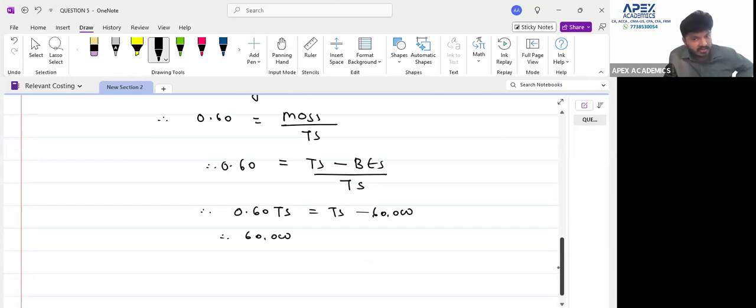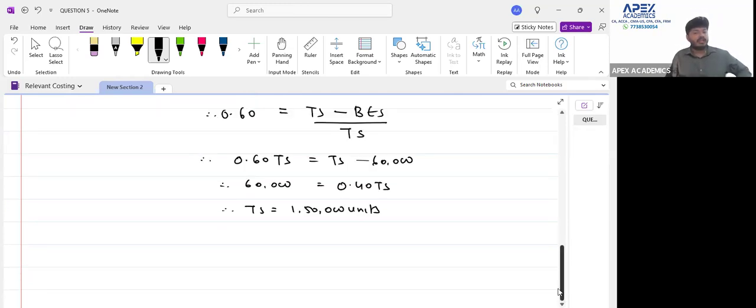So let 60,000 go on this side and let that come here. So this will become how much? 0.40 TS. Therefore, what is TS? TS is equal to 60,000 divided by 0.40. What is the answer? 1,50,000 units.